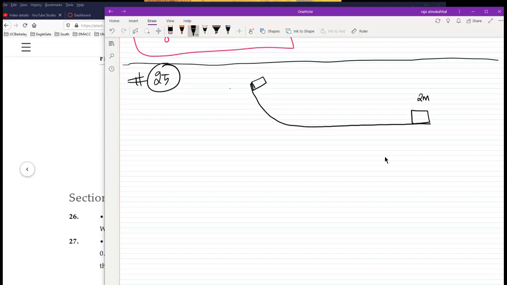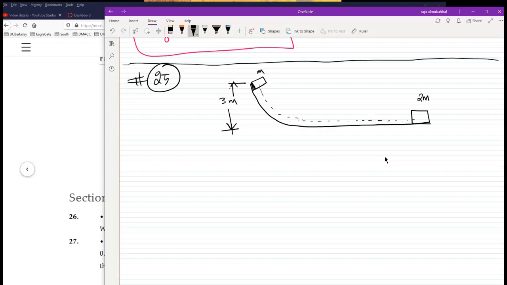You see what I'm saying? The height of the block is 3 meters. And then, of course, it goes, gains speed, and then it collides with that.